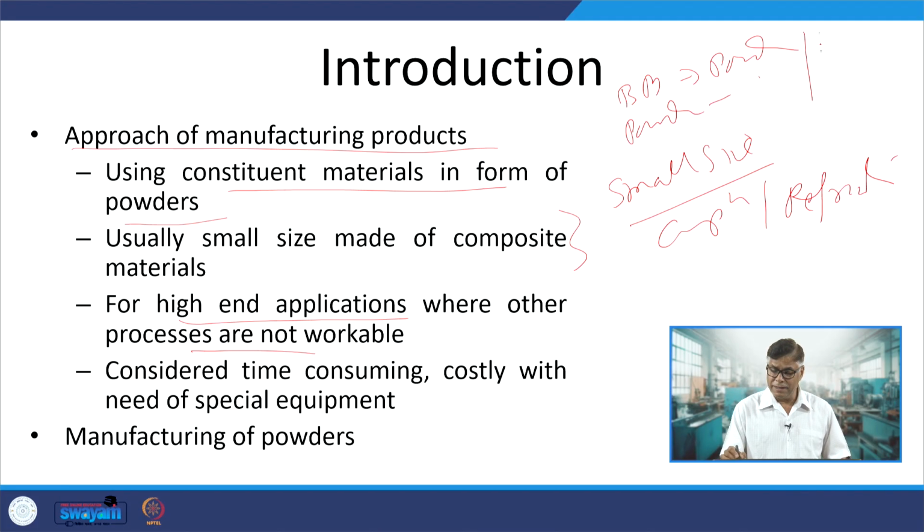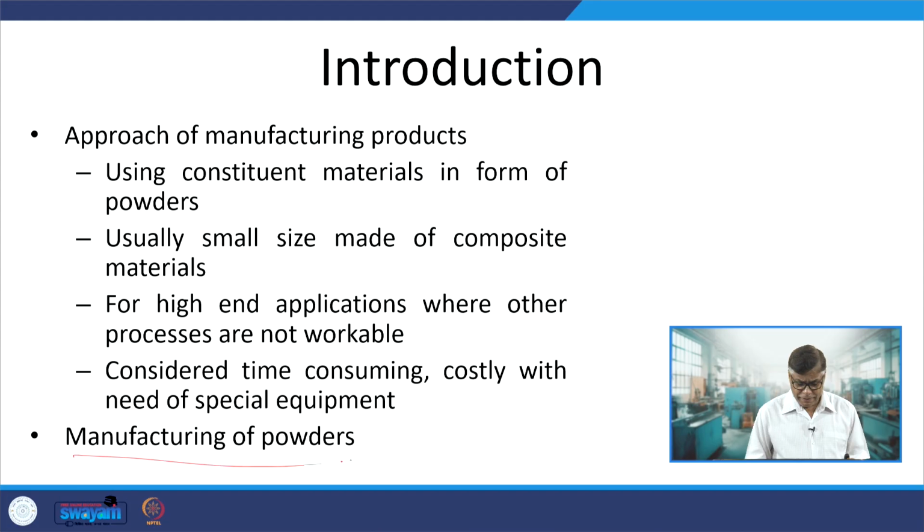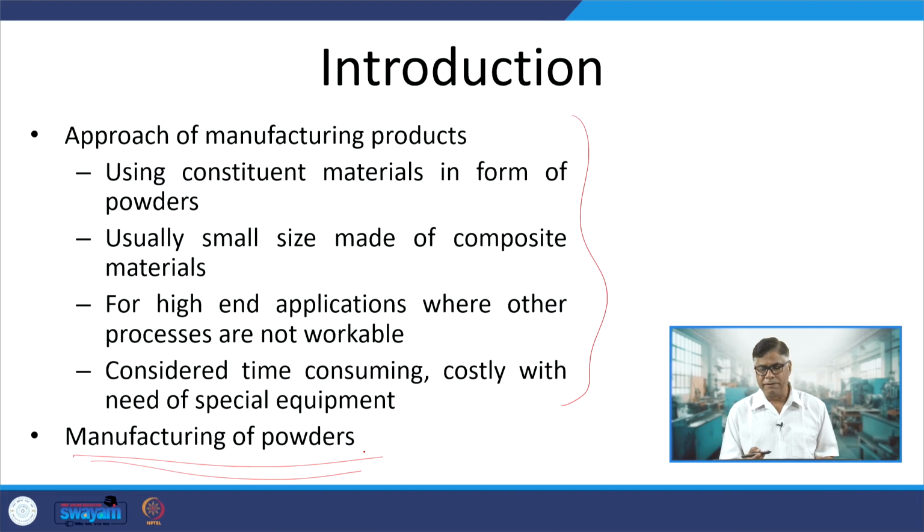Sintering involves diffusion, so that takes a little longer time. So, this process is considered a little time consuming, and also costly due to the need for special equipment, use of powders, and use of vacuum at a higher temperature as per the kind of material. So, the products made using this approach are a little costly, and the manufacturing of the powder is also very much a part of powder metallurgy.